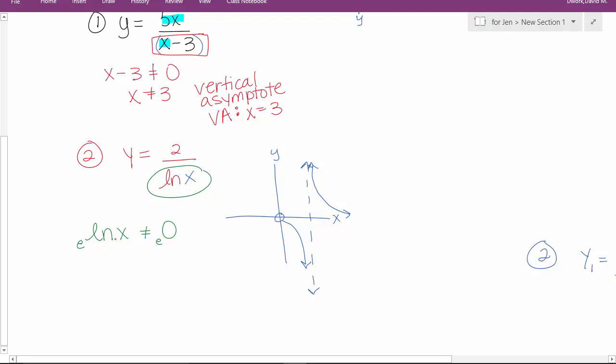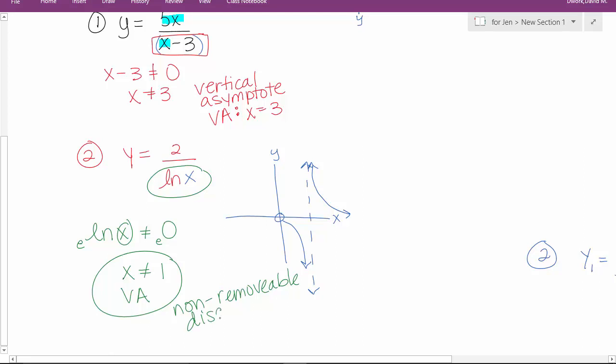Or you can just use your change of base because this is log base e. So you get e to the 0 is equal to x. Or you could just know that if your argument is 1, natural log of 1 is 0, so I know x cannot be 1. And so that's where my vertical asymptote is, because again, this was non-removable discontinuity.